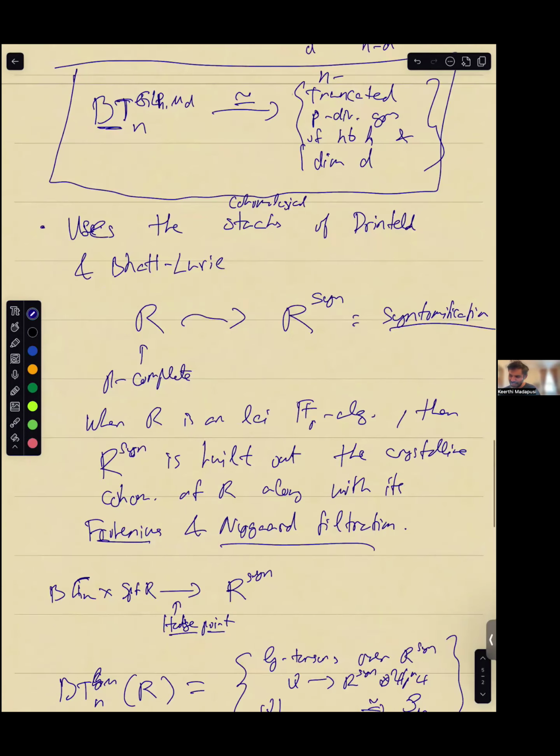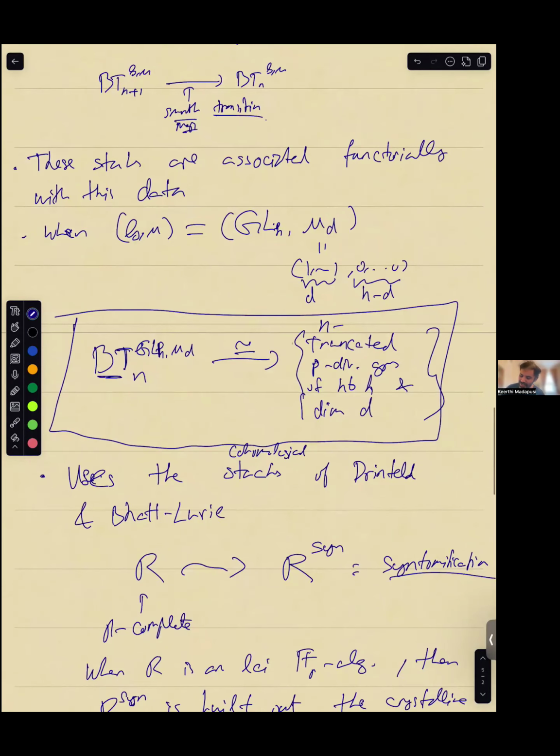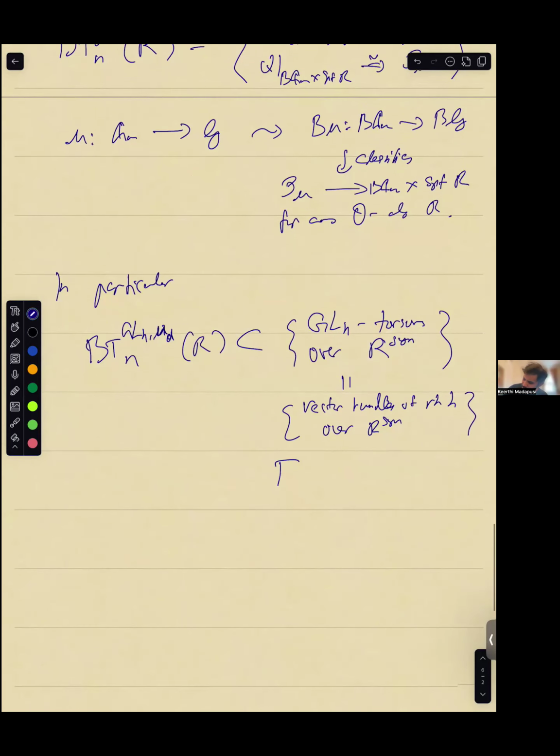This equivalence here is a reinterpretation, plus some additional stuff, of results by Anschütz and Le Bras, who basically proved this for what are called quasisyntomic ring inputs. All of this appears in a preprint by my student, Zachary Gardner, and me. You can find this on the arXiv.